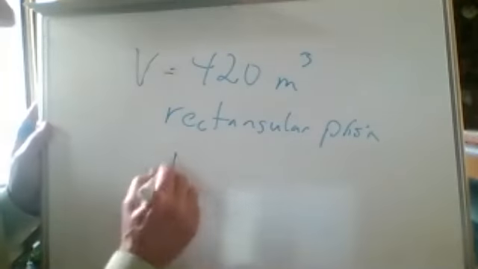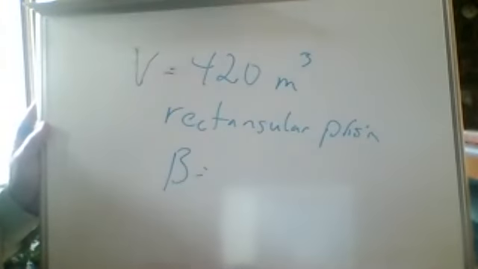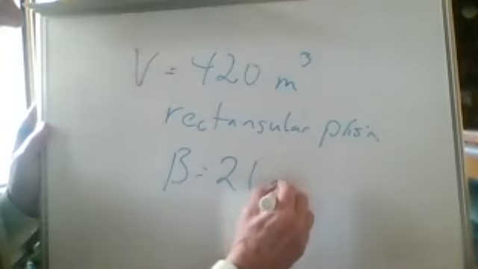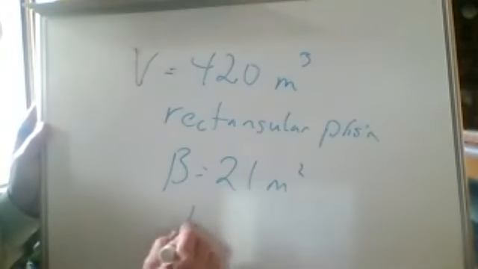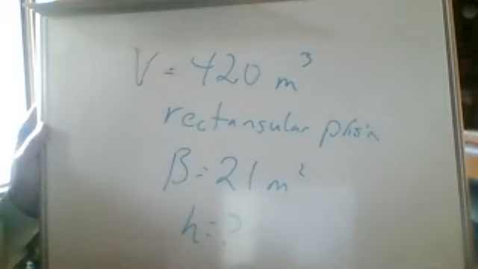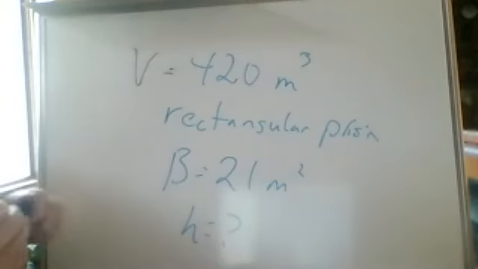The area of the base, that's making it simple for you, is 21 meters squared. What's the height? That is really an easy problem. All you're really doing is just dividing. Pretty simple. Couldn't get any easier.